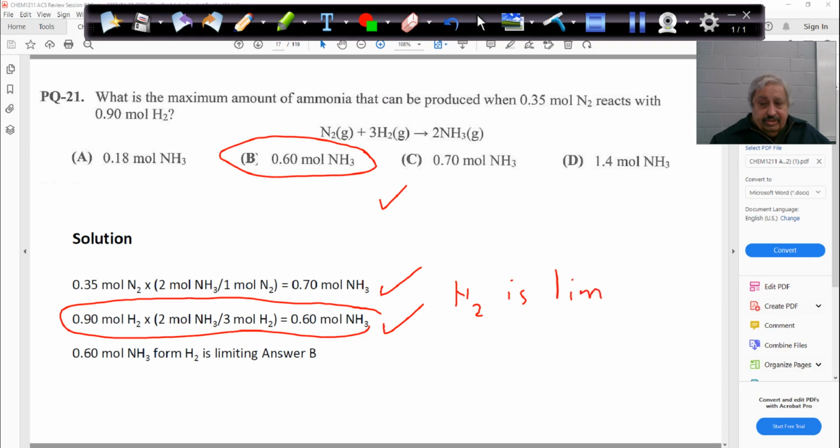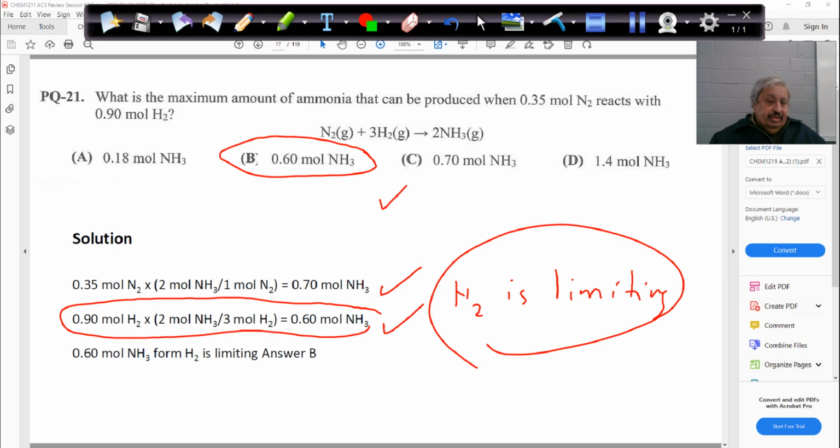So you base your yield on the limiting reactant, not on the excess. So their answer is correct.